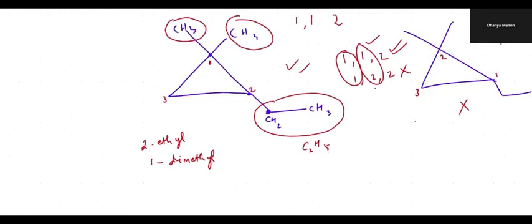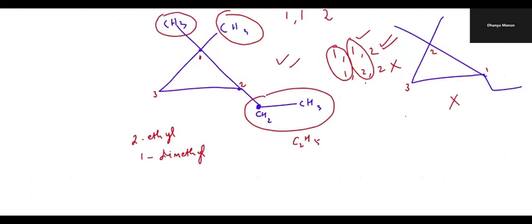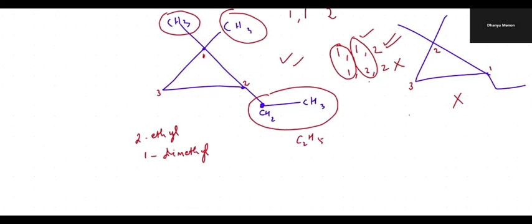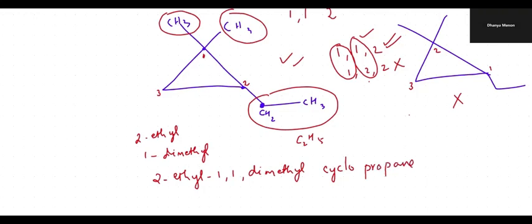Now, while writing down the name, we will follow the alphabetical order. So we have at the second position 2-ethyl, then 1,1-dimethyl, cyclo, root word is propane. Cyclopropane.